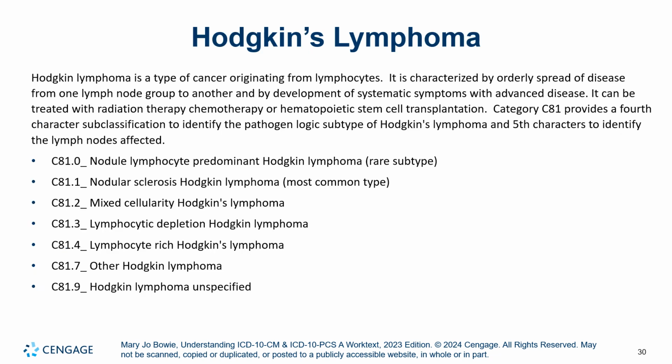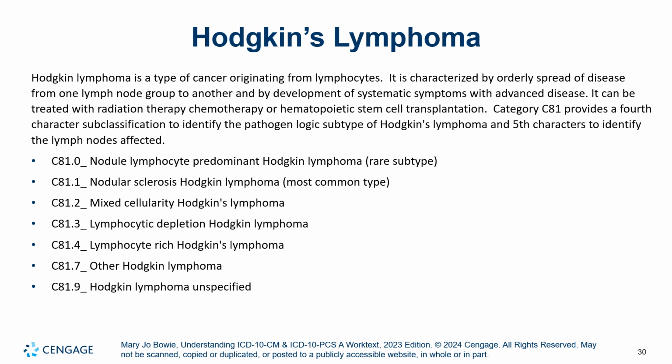Hodgkin's lymphoma. Hodgkin's lymphoma is a type of cancer originating from lymphocytes. It's categorized by orderly spread of disease from one lymph node group to another and by development of systematic symptoms with advanced disease.